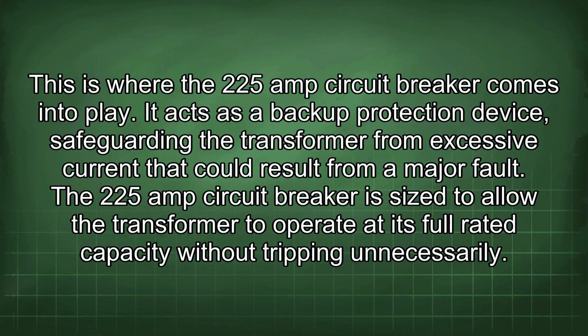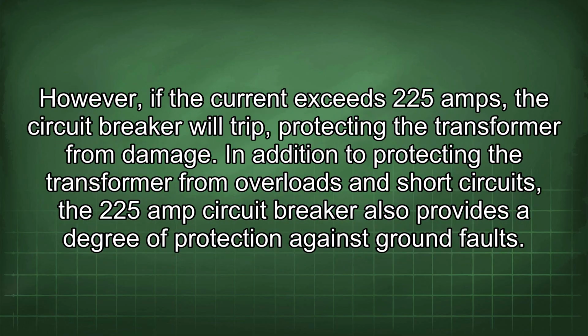It acts as a backup protection device, safeguarding the transformer from excessive current that could result from a major fault. The 225 amp circuit breaker is sized to allow the transformer to operate at its full rated capacity without tripping unnecessarily. However, if the current exceeds 225 amps, the circuit breaker will trip, protecting the transformer from damage.